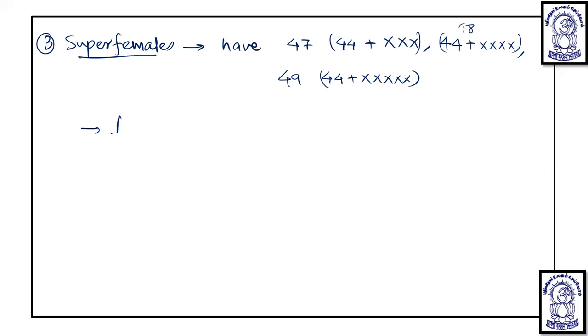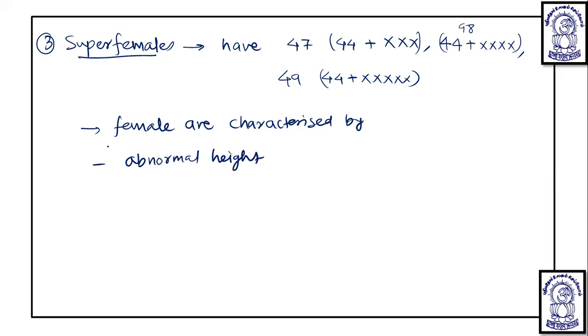Now in this, such females are characterized by abnormal height, mental retardation, antisocial and criminal bent of mind.